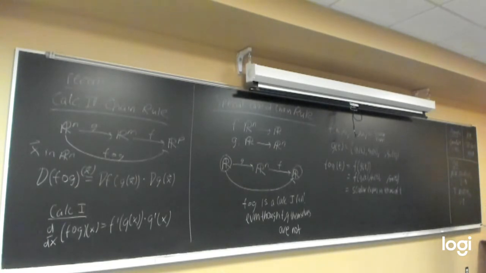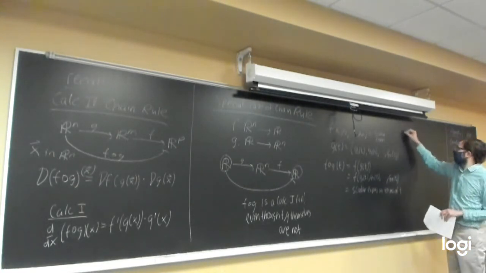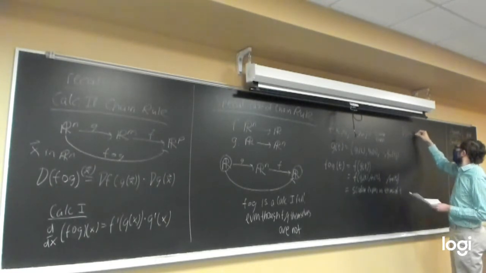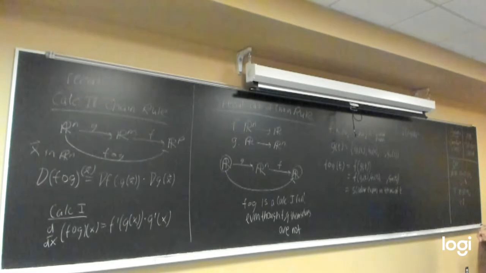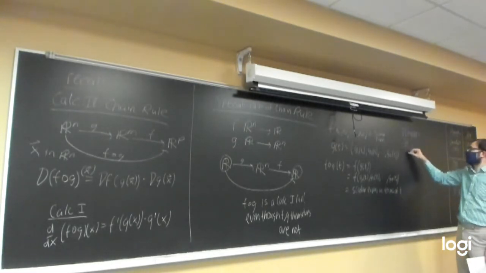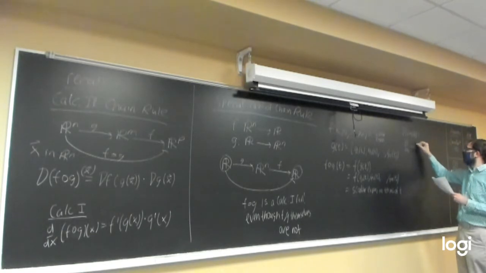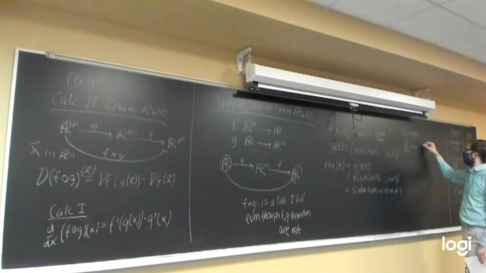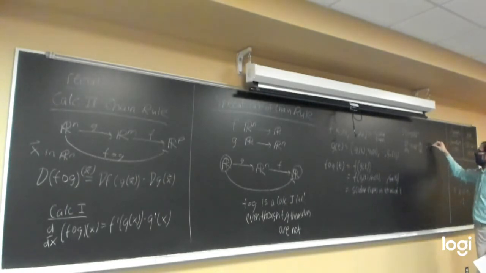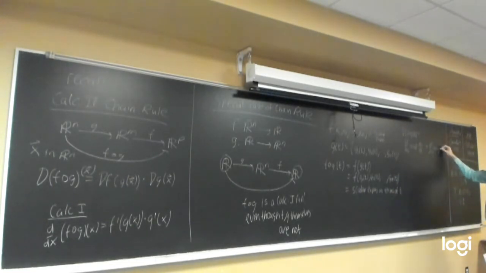And if we were to take the derivative of this expression, the derivative of f composed with g evaluated at t, it's going to have a formula of del f del x1 evaluated at g1 of t multiplied by dg1 dt, plus del f del x2 evaluated at g2 of t multiplied by dg2 dt, etc., all the way up to del f del xn evaluated at g sub n of t multiplied by dgn dt.